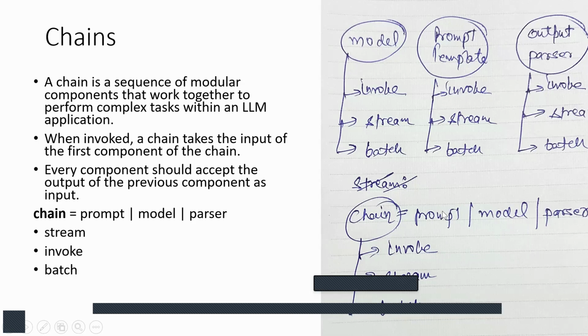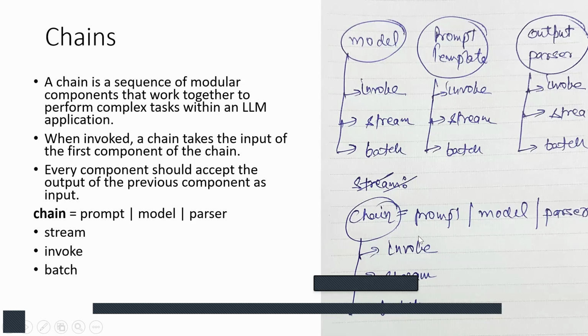The output from the prompt will be passed to my second component as an input. And the output from my model, when I call it, will be some response like "transformers is an architecture, blah blah blah". That response will then be passed to my parser, and the output of my parser will be my final output.